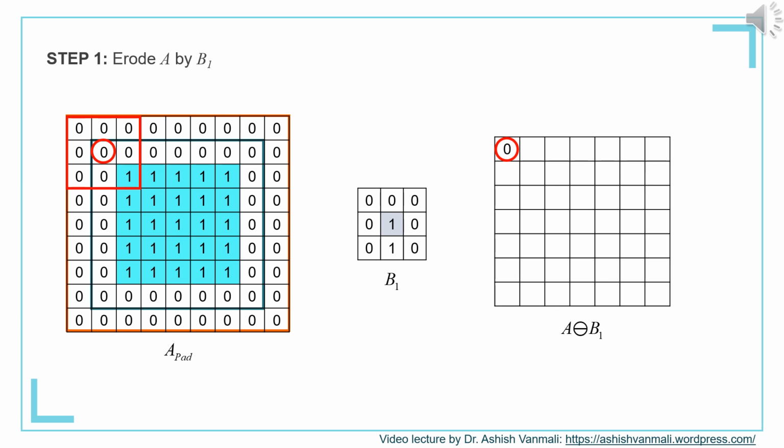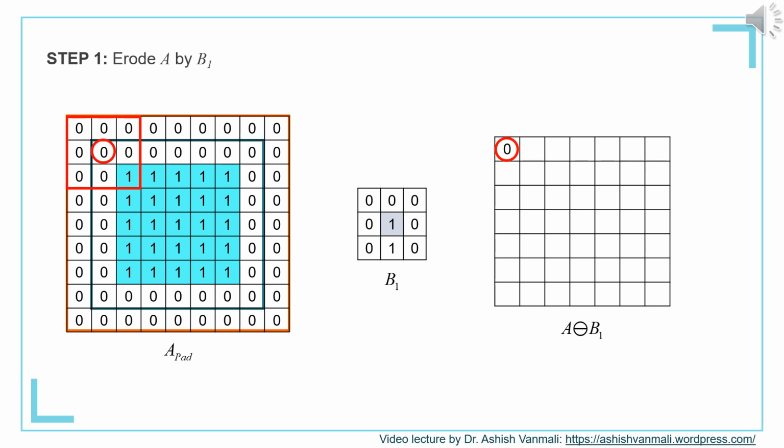We will find the underneath subimage and we will compare it with B1. We want that wherever there are ones in B1, there should be ones in the underneath subimage also. If that is true, that means I have the structuring element totally contained in the image and my result will be 1. Otherwise, the output will be 0.